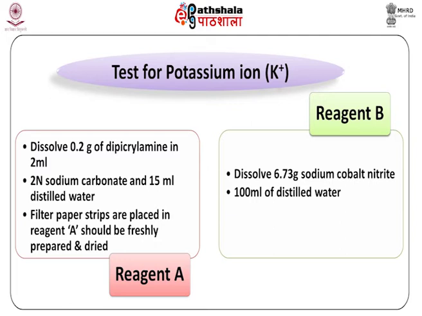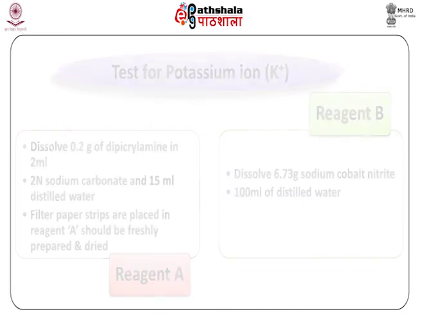Filter paper strips, which are placed in reagent A, should be freshly prepared and then dried. Reagent B. It is prepared by dissolving 6.73 grams of sodium cobalt nitrite in 100 milliliters of distilled water.